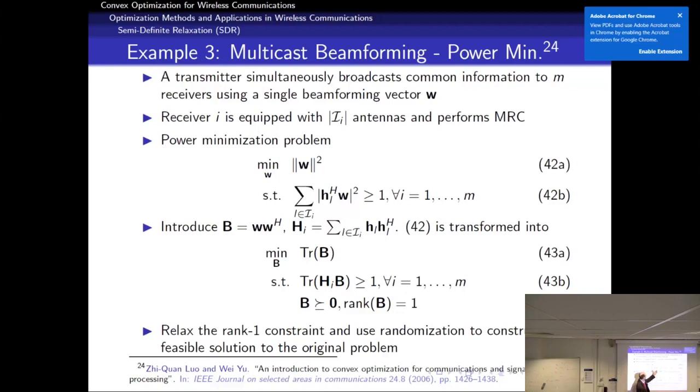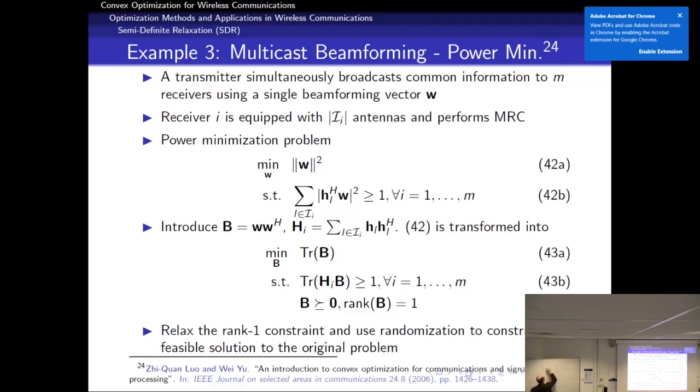This is actually obtained by doing maximum ratio combining, assuming you can potentially have multiple antennas at each of those receivers. So if I draw this, I transmit along W, one beam, but I may have multiple antennas here, right?